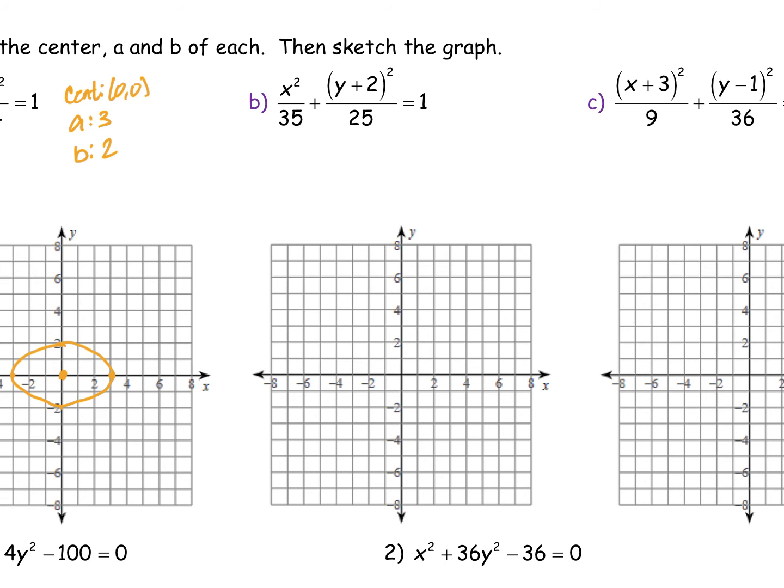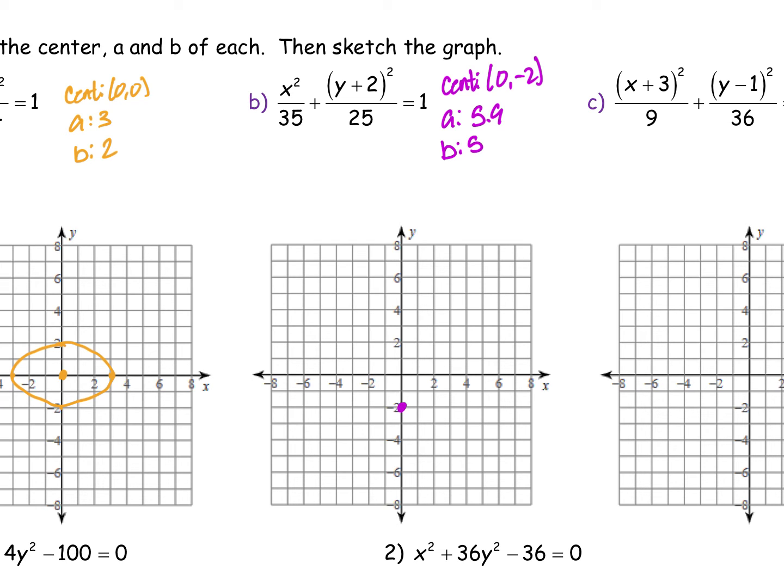Okay. My center is at 0, -2. Oh, okay. So A is going to be the square root of 35, which is 5.9. And B is 5. Okay, so 0, -2.